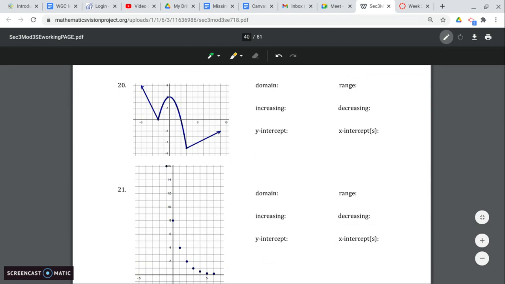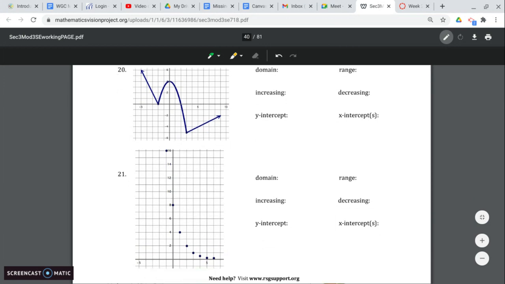For 21, since it's a little weird, the domain is each of these points. So the domain is negative 1, 0, 1, 2, 3, 4, 5, 6, because it's individual points.